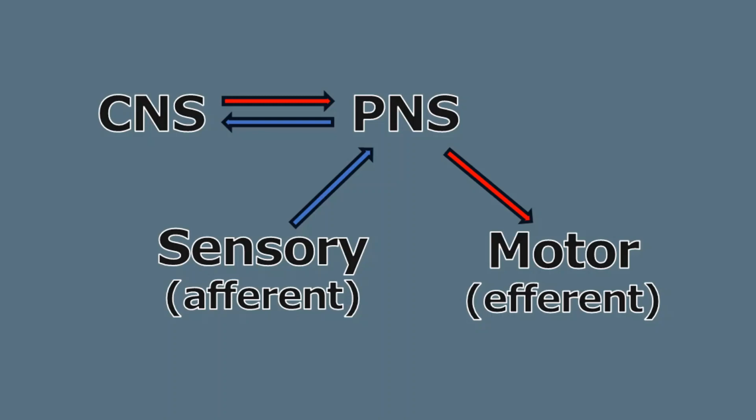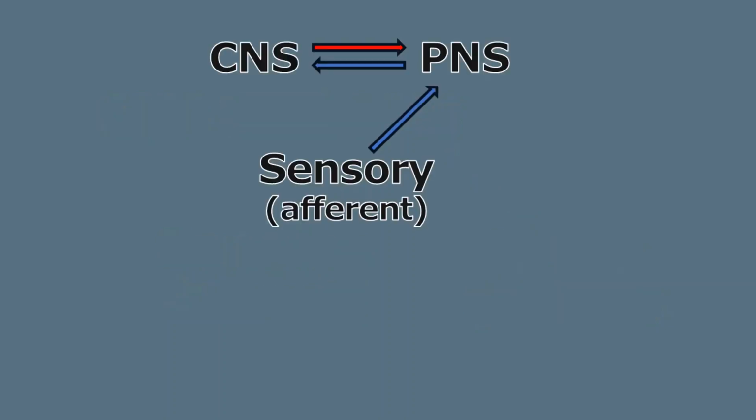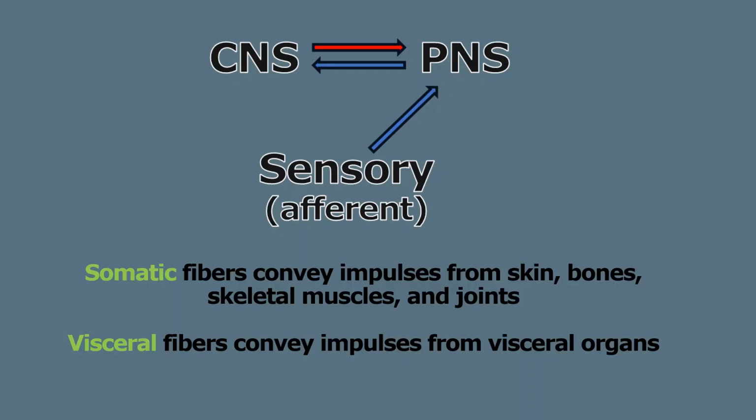But let's get a little bit more into it. Sensory-wise, we could talk about a somatic fiber or somatic information versus visceral information. And again, if we're in the sensory branch, we're still going from something to the CNS inevitably. But if you are a somatic sensory fiber, we're taking information from the skin, bones, skeletal muscle, and joint tissue and sending that toward the CNS.